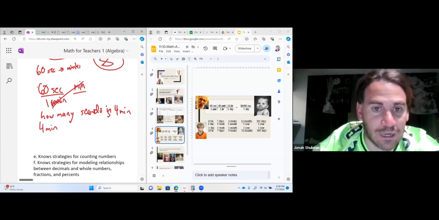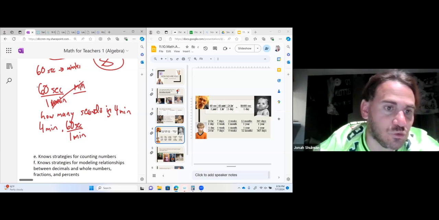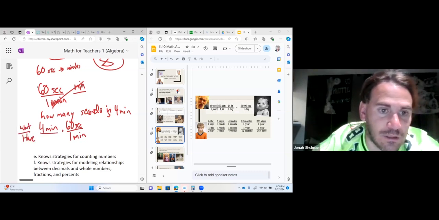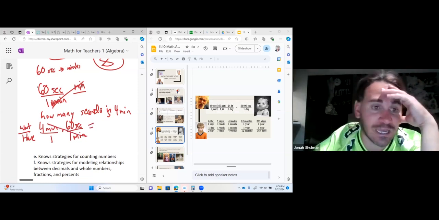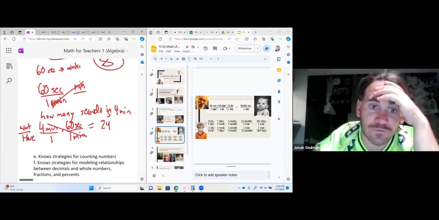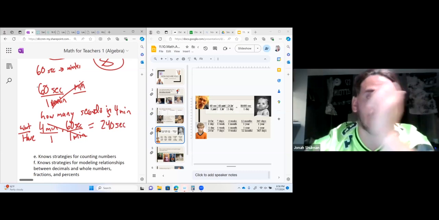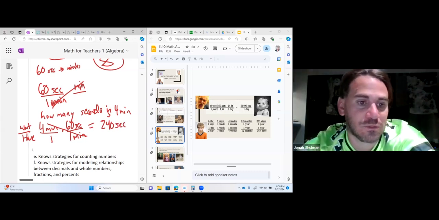We put what we want on top, which is seconds. So I put the 60 seconds on top. What do we have? 1 minute on the bottom, right? So you always put what you want on top, what you already have on the bottom, because guess what? These cancel, and we're left with how much time is 4 minutes? 240 seconds. So when you're doing conversions, they're either going to be multiplying or dividing.